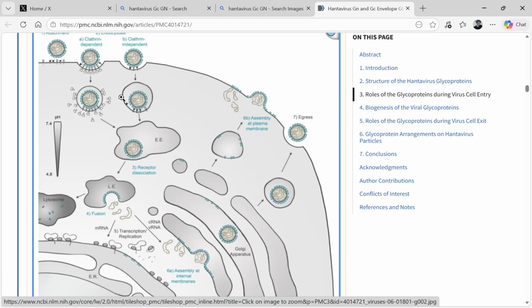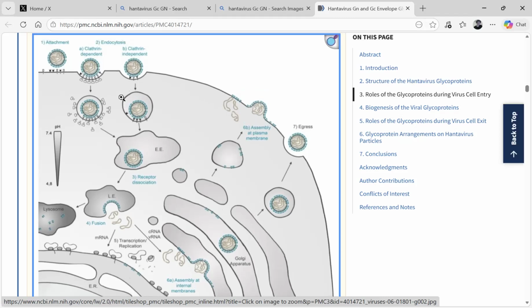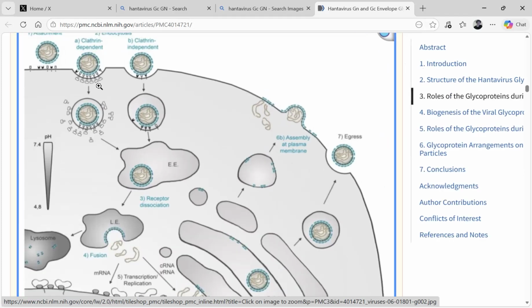Okay, now again, there's two types of attachment for the endocytosis. There is the clathrin dependent and the clathrin independent.